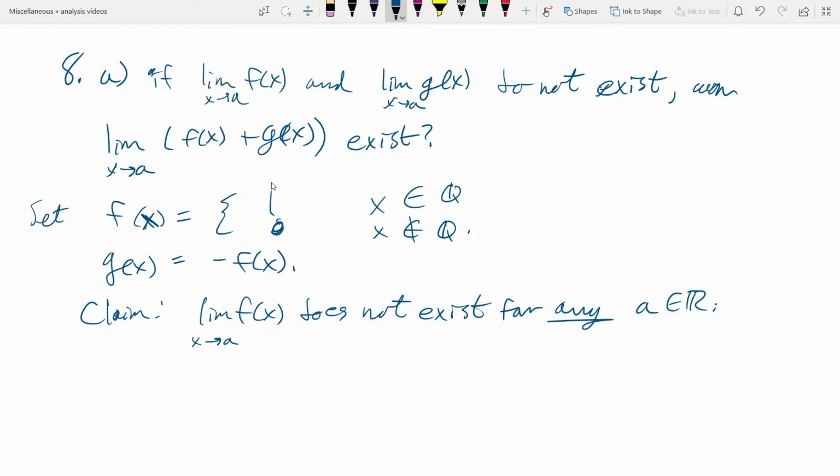Intuitively, the reason for this is that as you move closer and closer to a, whether a is rational or irrational, there are infinitely many numbers of both types occurring infinitely often as you get closer to a. There's never any point of approach to a past which you stop encountering rationals or stop encountering irrationals.